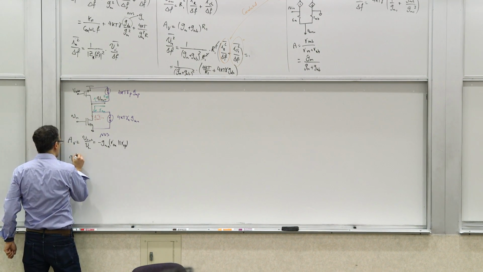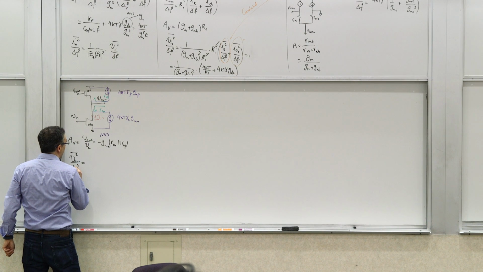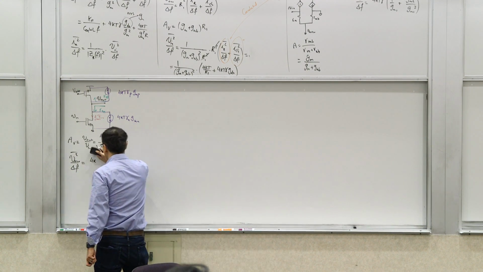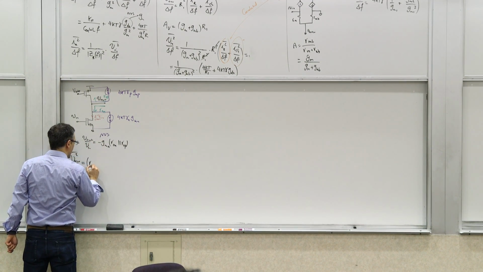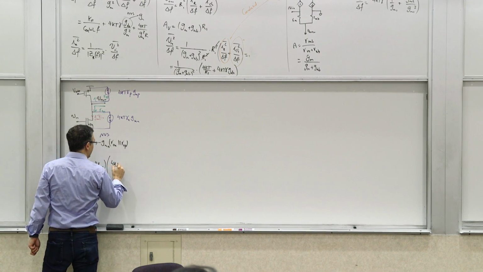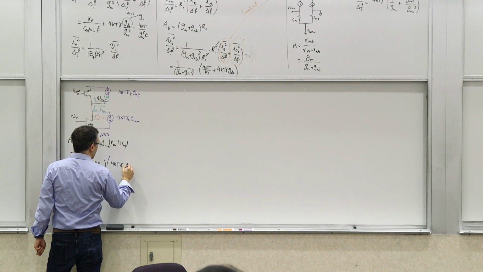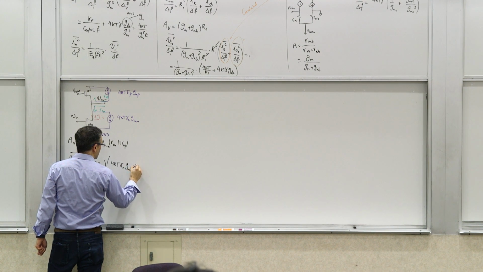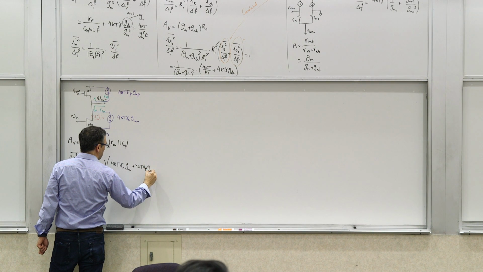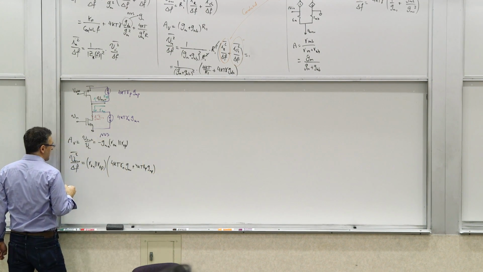V out squared over delta F is RON parallel ROP times 4KT gamma n GMN plus 4KT gamma p GMP, and then magnitude squared.